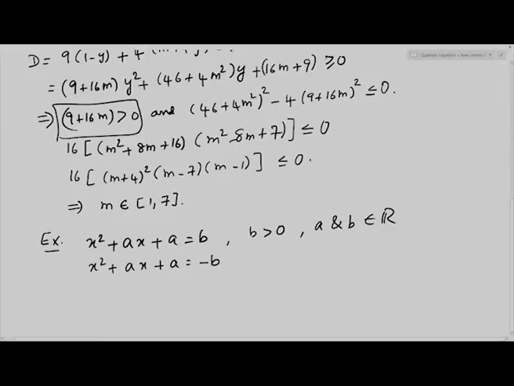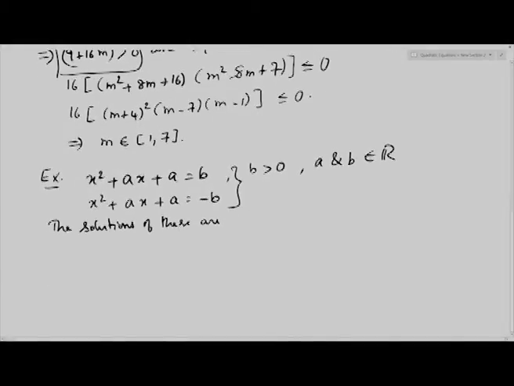So, these are the two equations we have, and it is given that the solutions of these equations, so this is a quadratic equation, there are two roots possible here and two roots possible there, form 4 consecutive integers.